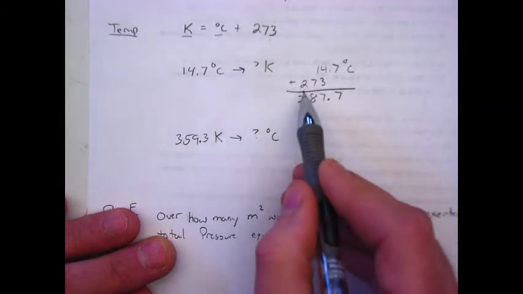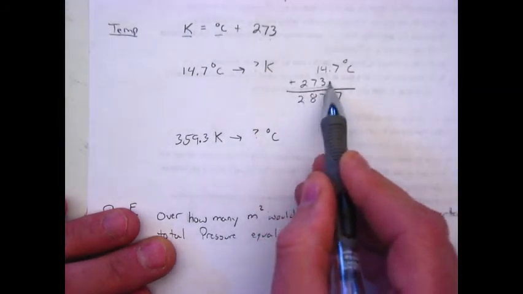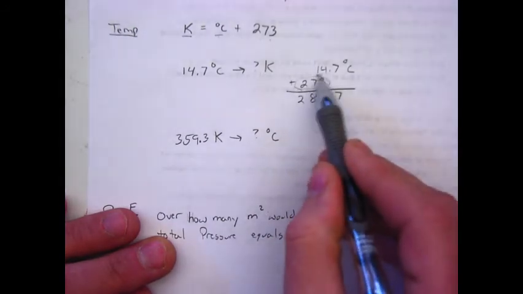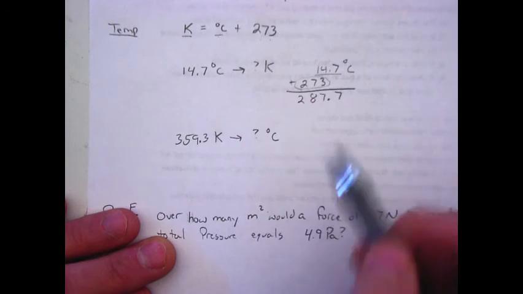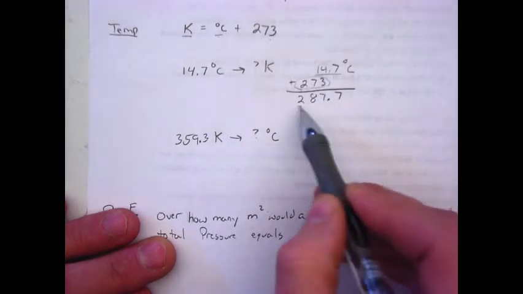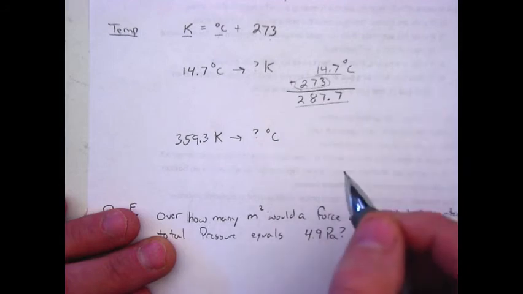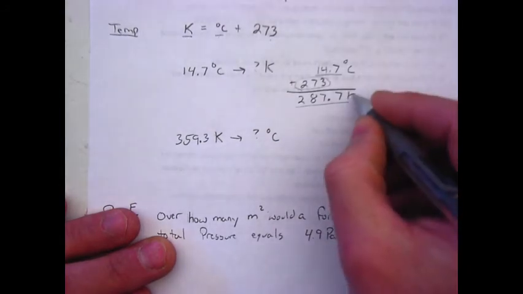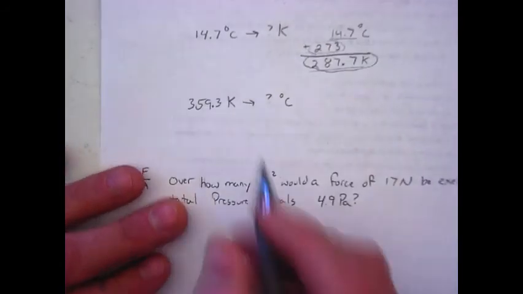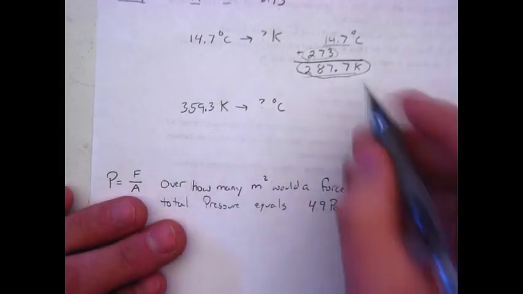Remember, for the rules for significant figures, this number does not count. We only look at the original number, which is the measurement. Since that number goes to 1 place past the decimal, our answer must go to 1 place past the decimal. So the answer would be 287.7 kelvins.